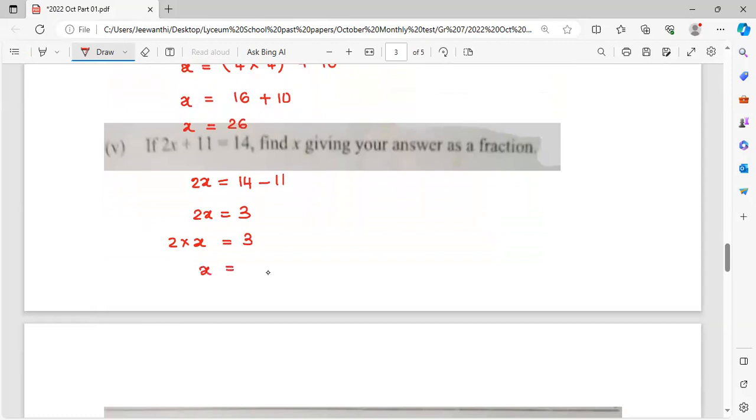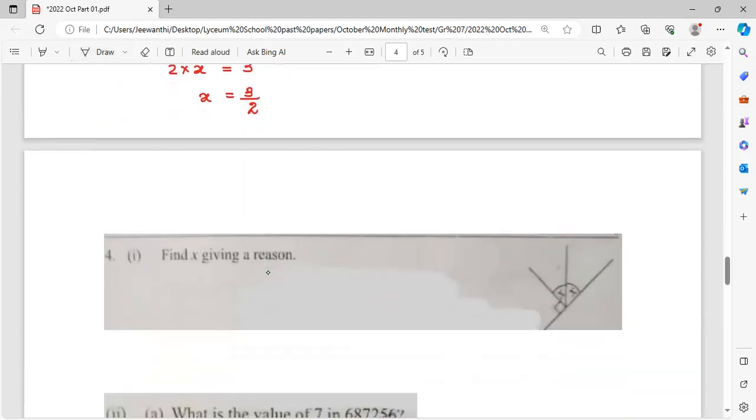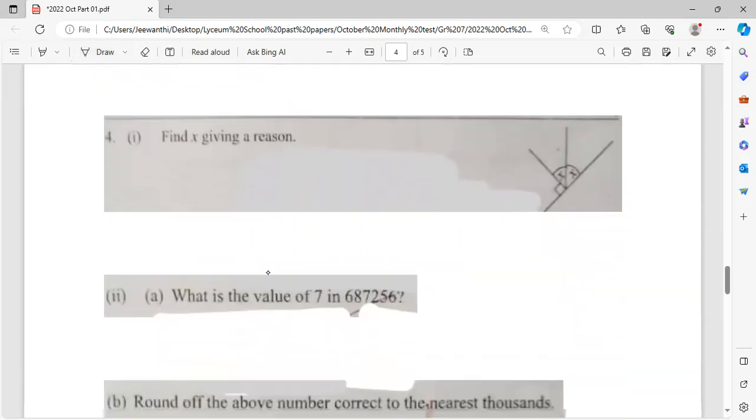And x is equal to 3 over 2. You want to write the answer as a fraction. Therefore, don't write this as 1.5. You just keep the answer as a fraction because that is the instruction. Okay. So then we will move to the next one.